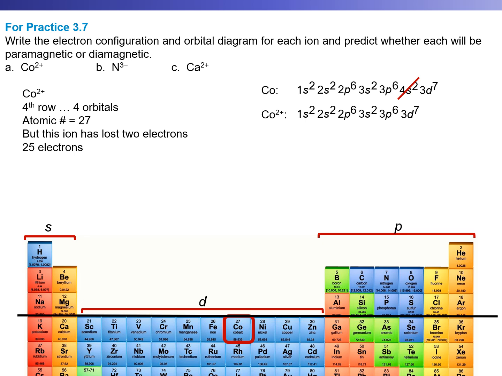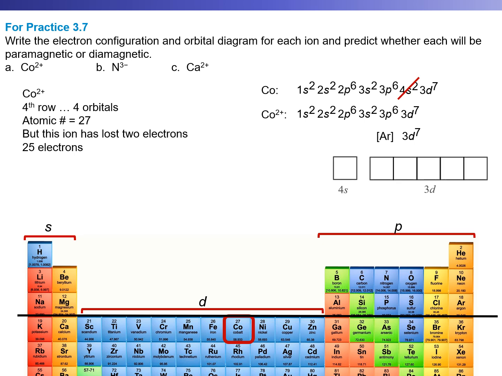All right. Now, if we want to write an orbital diagram, everything up to 3p6 is going to be argon. Argon is our noble gas right here. And so anything that we would list beyond that, which would be the 3d electrons, we're going to make note of those. So this is how we would write that.